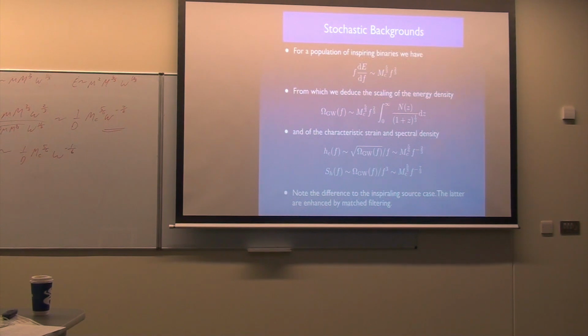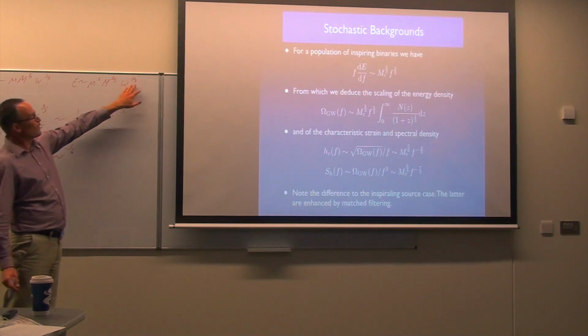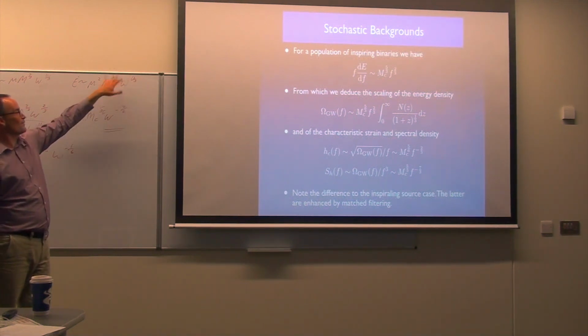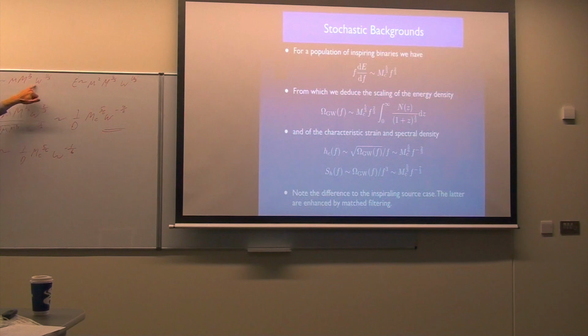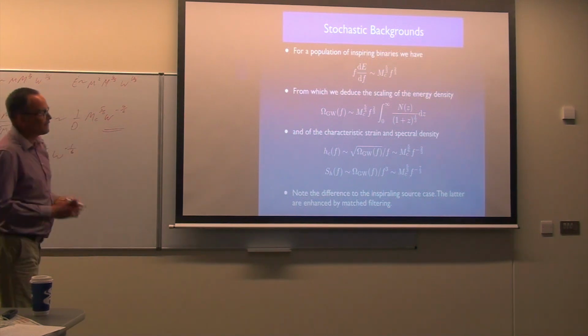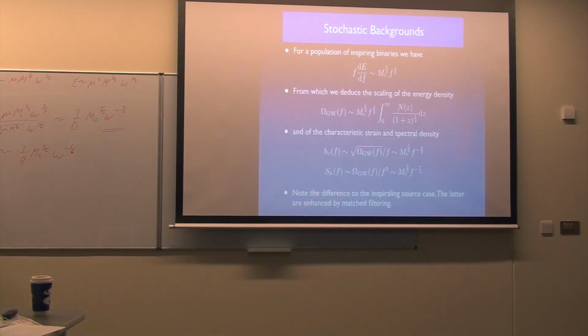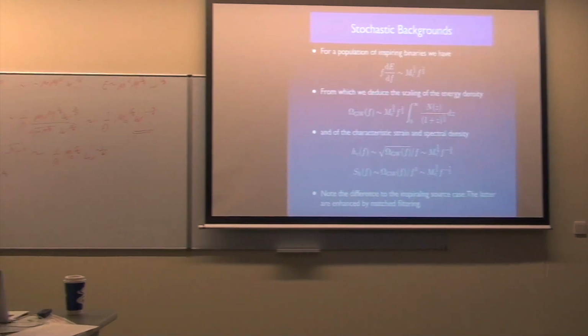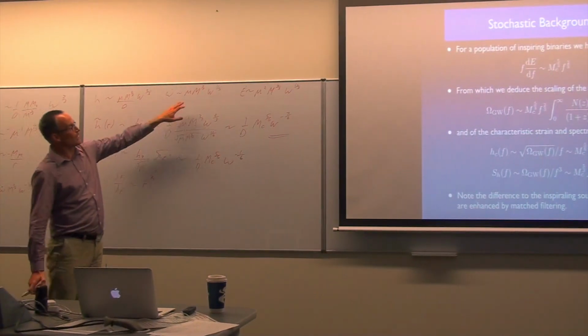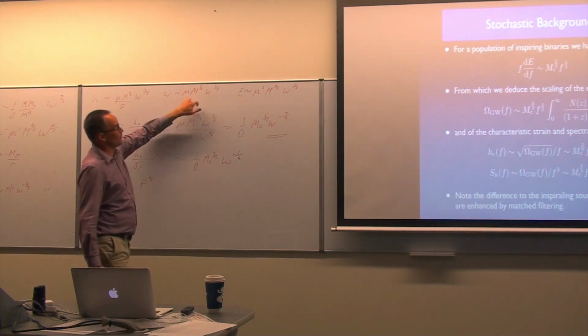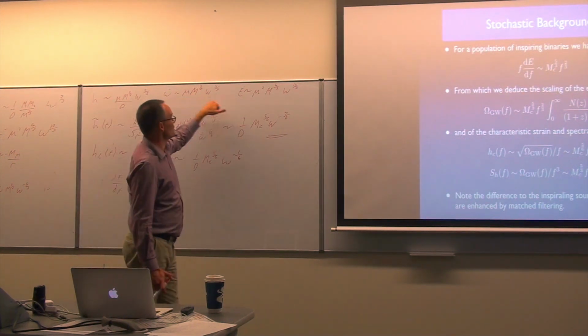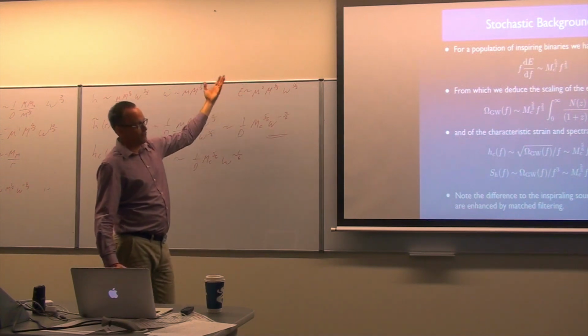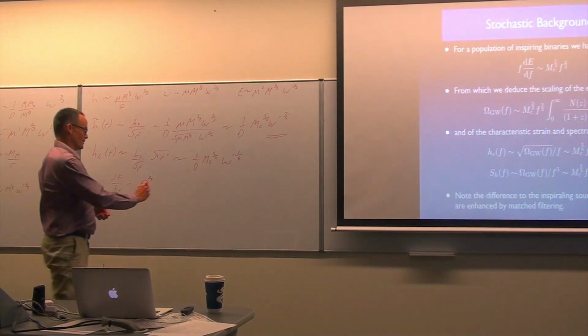So we can deduce that f dρ/df, well, you get one factor of f here, you get omega or f to the 10 thirds here, so that gives you omega to the 13 thirds. You then divide by omega to the 11 thirds, and so you're left with an f to the 2 thirds. And then the mass factors, you take this divided by that, and you cancel one lot of mu times m to the 2 thirds. So you're left with mu m to the 2 thirds, which is this chirp mass to the 5 thirds.